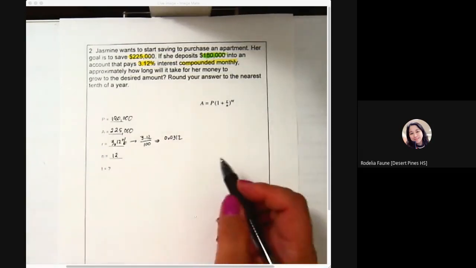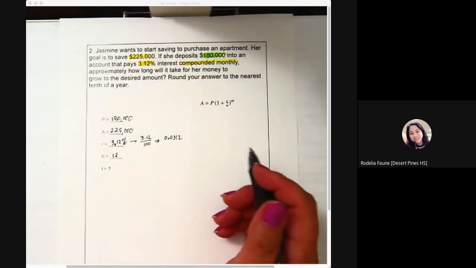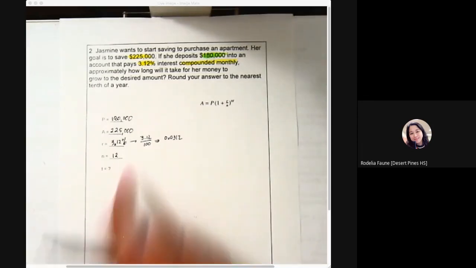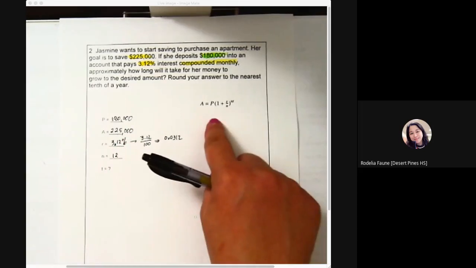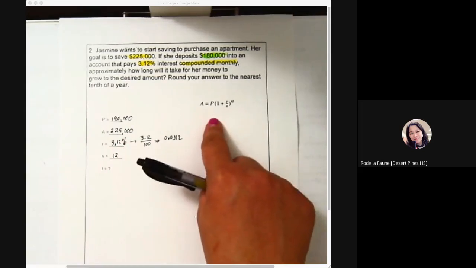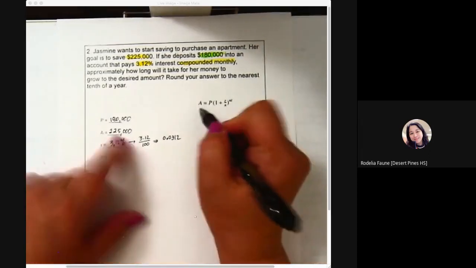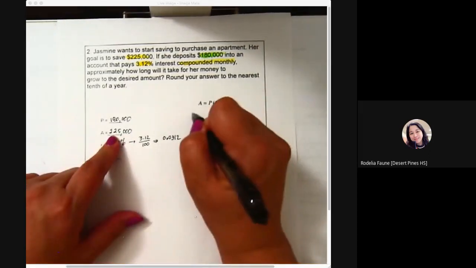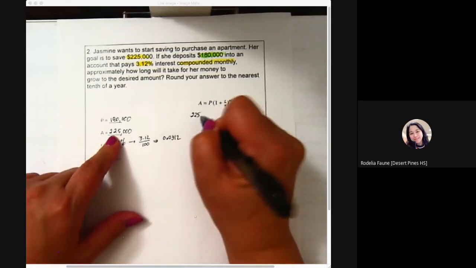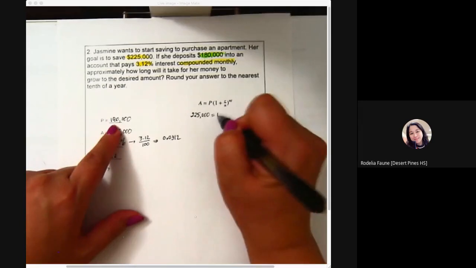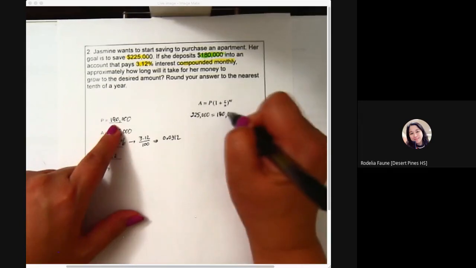0.0312. And next, we're going to put all these numbers in the equation, or in short, we substitute these values into the formula. Starting from our A, which is 225,000 equals P. Our P is 180,000.